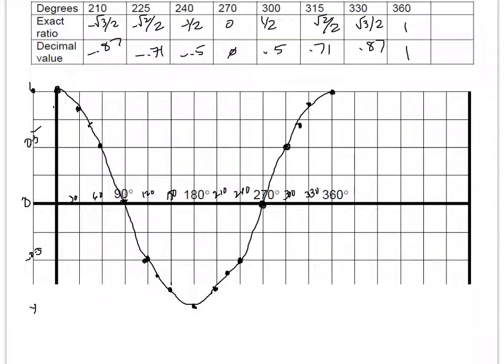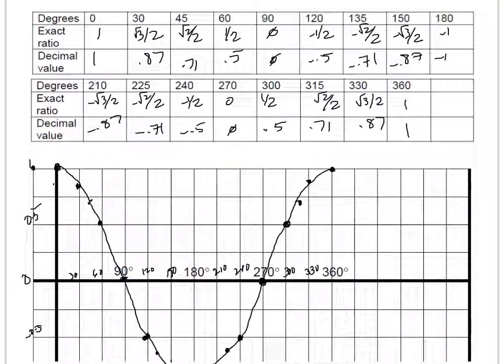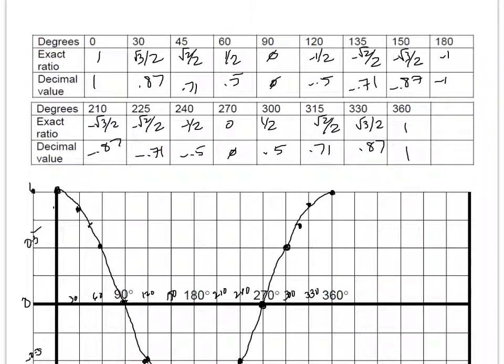Okay, for the second function, y equals cos x, we are going to do exactly the same thing as we did before. We are going to find the exact ratio and then the rounded one. We know that cos 0 is 1, the decimal is 1, cos 30 is square root of 3 over 2, and then the decimal is 0.87, and so forth for 45 to 360.